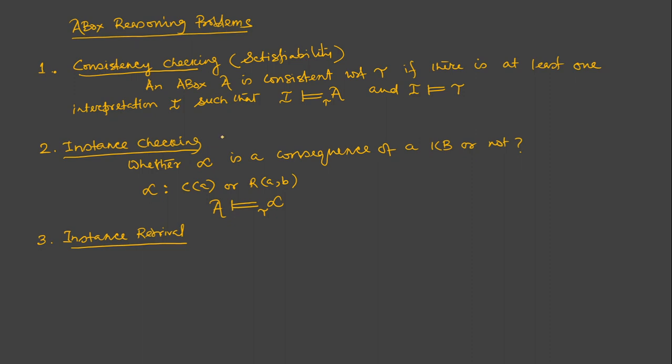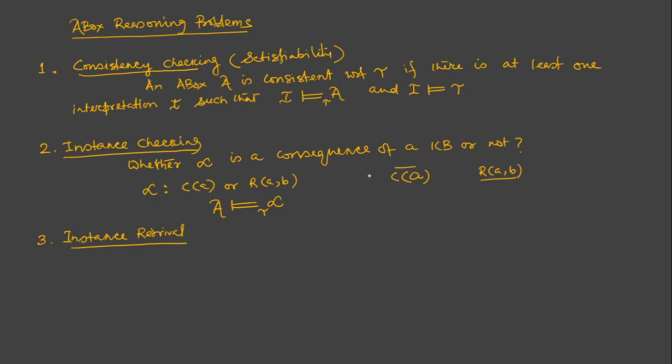So here, in instance checking, your input is either one individual, and you need to check whether this individual is a member of C or not, or the other input can be one relation between a and b, and you have to check whether this holds true given the A box statements, right? But in instance retrieval, we do not have these as inputs.